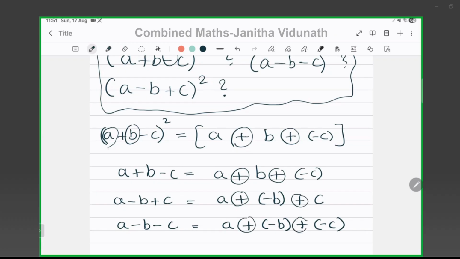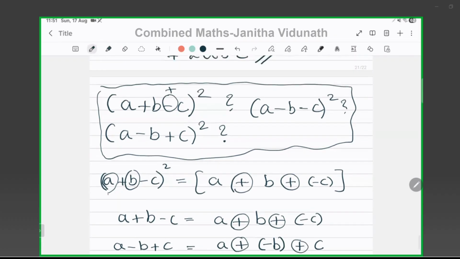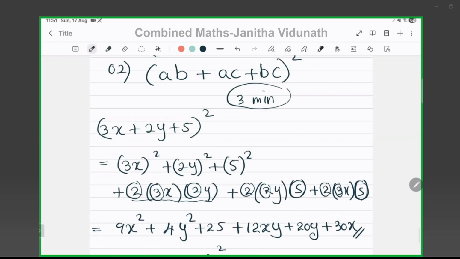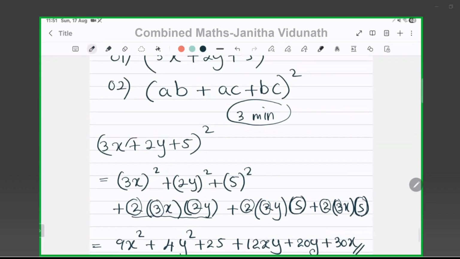Why do we do that? Because up to now we know that if there is always a positive sign between terms, we know the steps to write the final answer of this expansion.